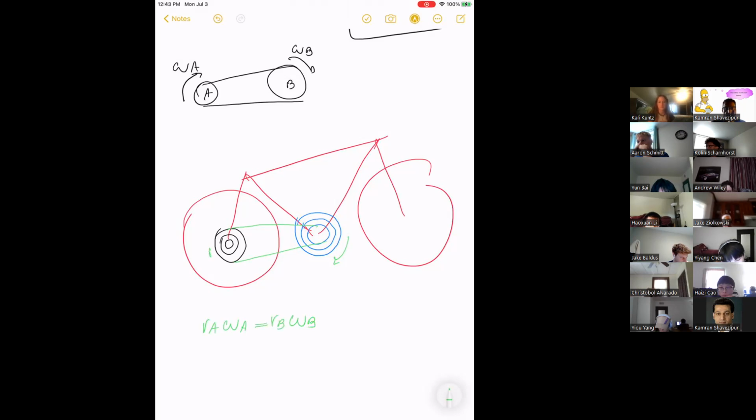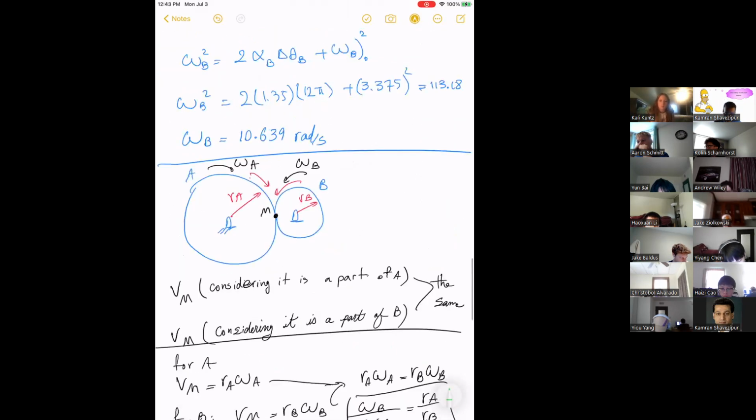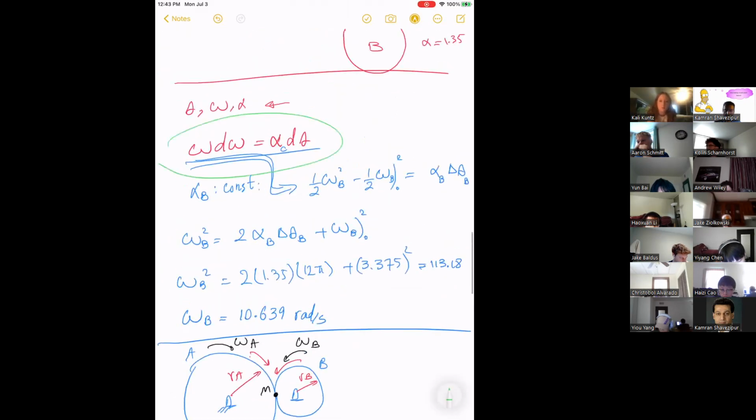That is how you can calculate. And remember, similar to this problem, when you solve a problem like this, you transfer all information onto one rigid body, because these expressions we use here, like v equals R omega, a equals R alpha, or omega is omega 0 plus alpha t, or theta is theta 0 plus omega 0 t plus alpha t squared by 2, are all for the same rigid body.